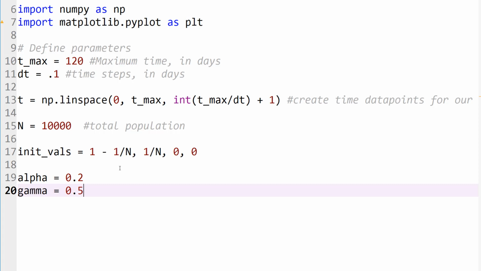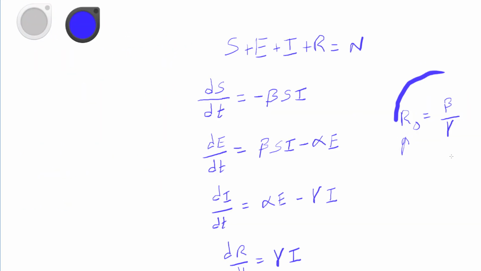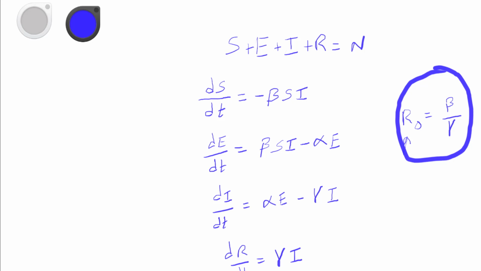Again, that is from another paper, and I'll leave the links as part of this video on YouTube. And our beta equals 1.75. How did we get our beta? It is calculated based on this equation, because we know what R naught is from this published paper, and we know what gamma is, so we calculate beta based on that.